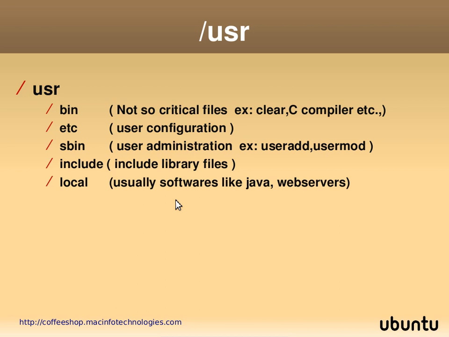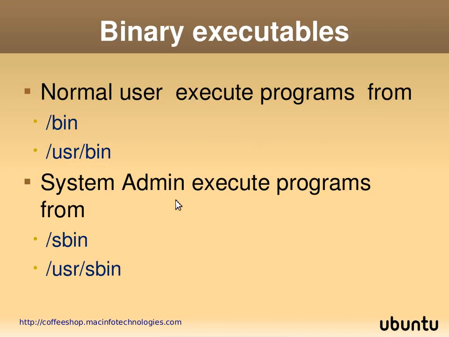We have binary executables. Whenever it comes to binary executables, the main locations where they are available are /bin and /usr/bin, which are used by any normal user on a Linux system.